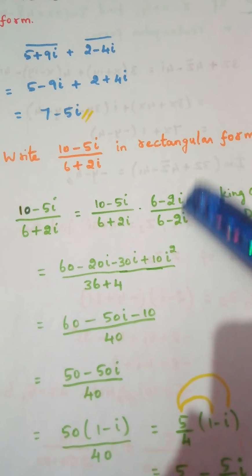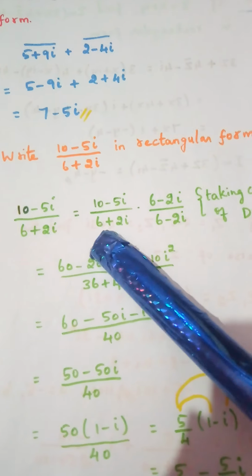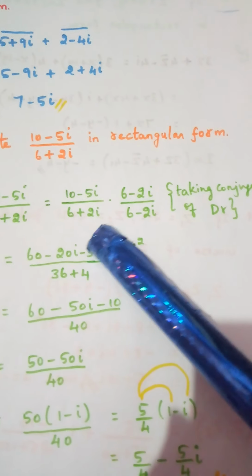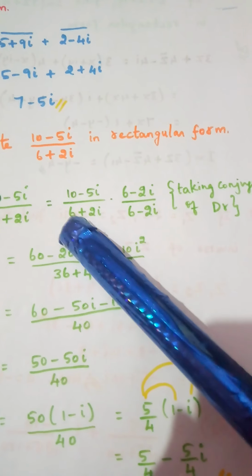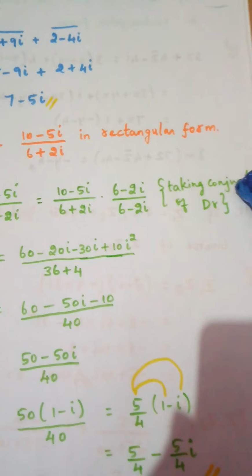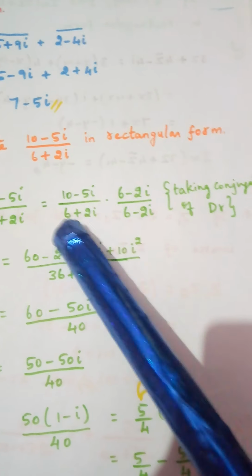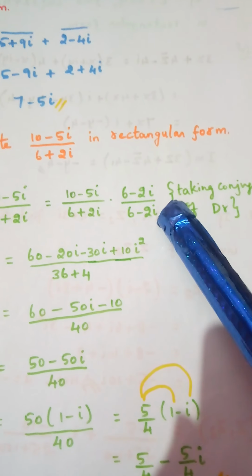So multiply and divide by the conjugate of the denominator. What do we have to do? Multiply and divide by the conjugate of the denominator. 6 plus 2i means I should multiply with 6 minus 2i and divide with 6 minus 2i.